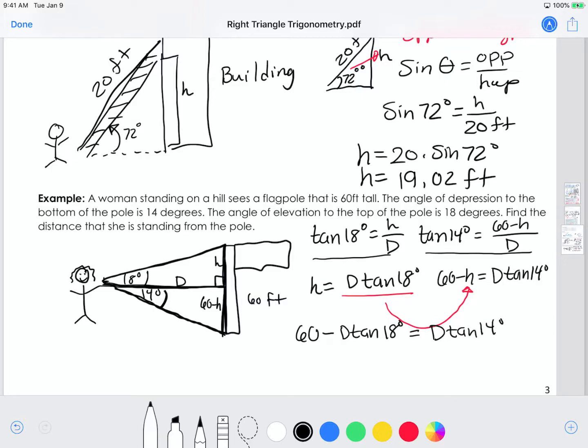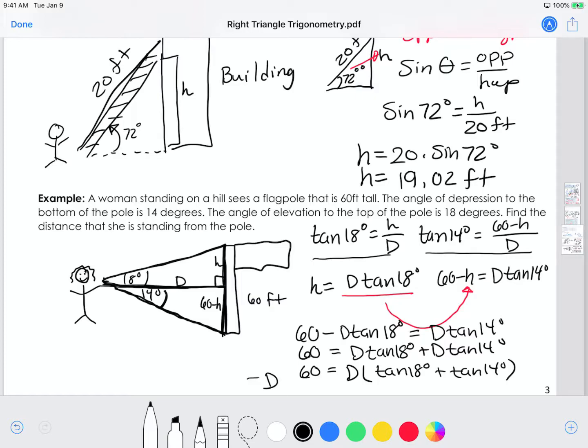Then I'm going to add d tan 18 to both sides so I can collect all the d's together. So now I have all the d's together on one side. I'm going to factor out the d, and I'm left with tangent 18 degrees plus tangent of 14 degrees.